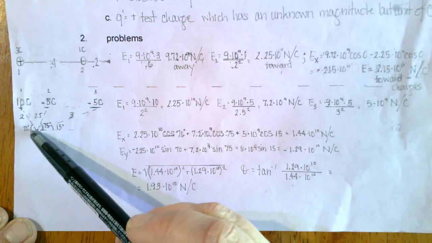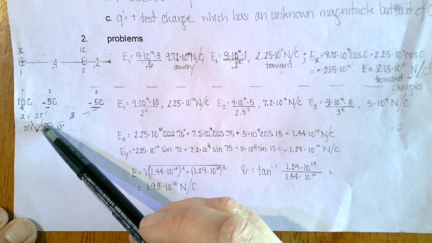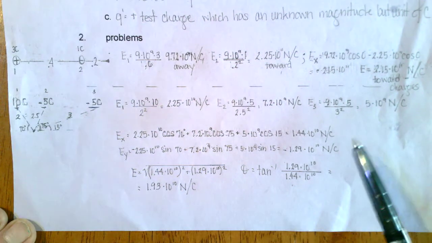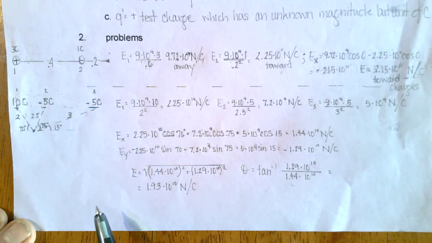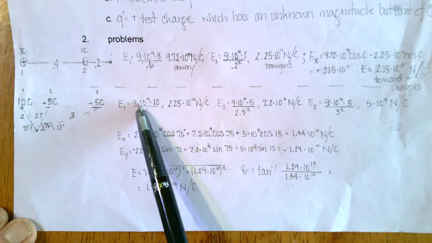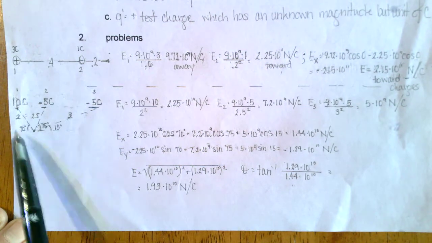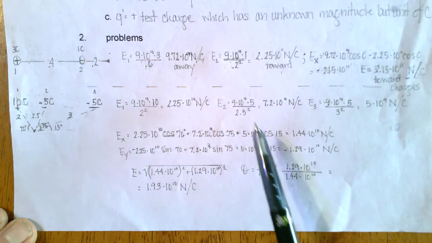And the angles are going to be, this is at 70 degrees from the x-axis, this is 75 degrees from the x-axis, and this is 15 degrees from the x-axis. I have three charges, therefore I'm going to have three fields. So my first field is 9 times 10 to the ninth times the charge itself divided by the square of the distance, and I end up getting this measurement.